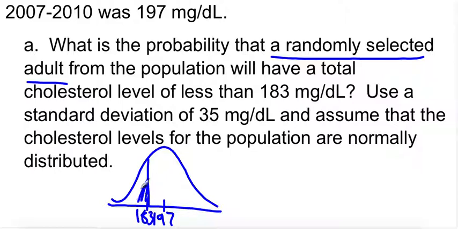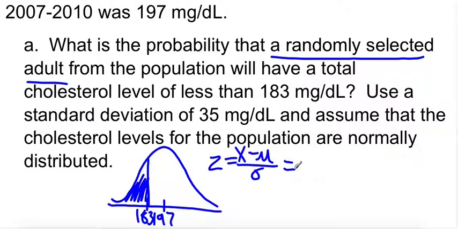Since it's a randomly selected individual, we just use the normal z-score: z is x minus mu over sigma. We do not need the adjusted one because we haven't taken a sampling mean.